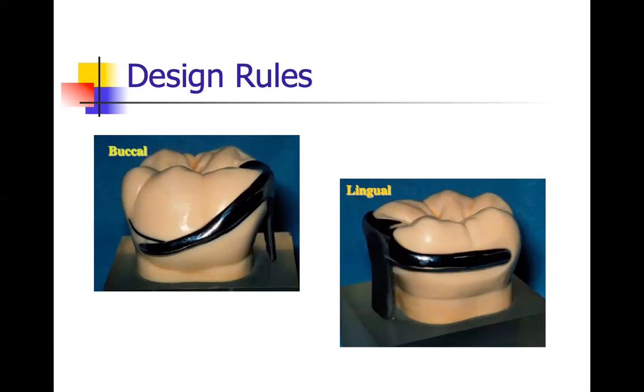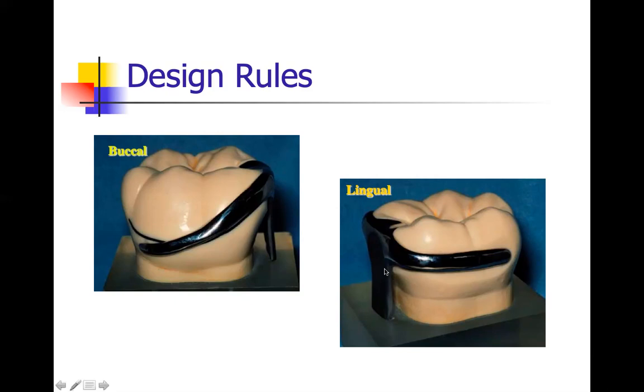The retentive terminus should always be directed towards the occlusal surface, never towards the gingiva. It should always terminate at the mesial or distal line angle, never at the mid-facial or mid-lingual surface.